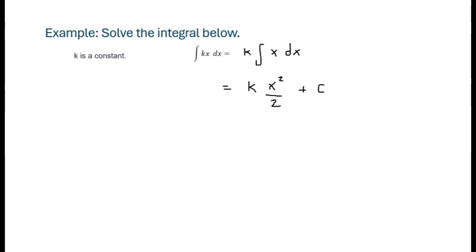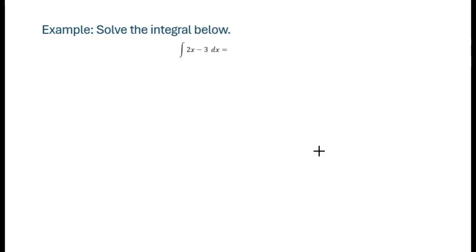Pretty simple, as we just did in the previous page. Let's continue with another example. Once again, if we have different terms in a function, we can split the integral into different terms. For example, in this case, we're going to have the integral of 2x dx minus the integral of 3 dx.